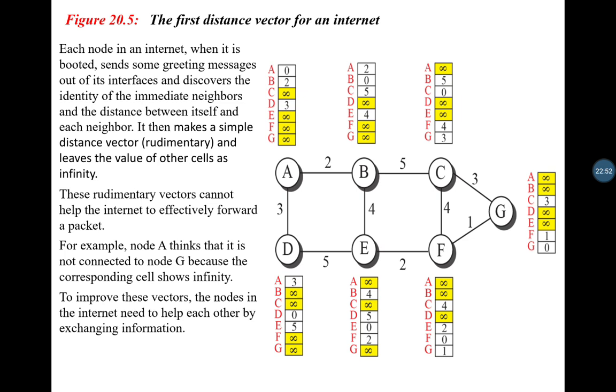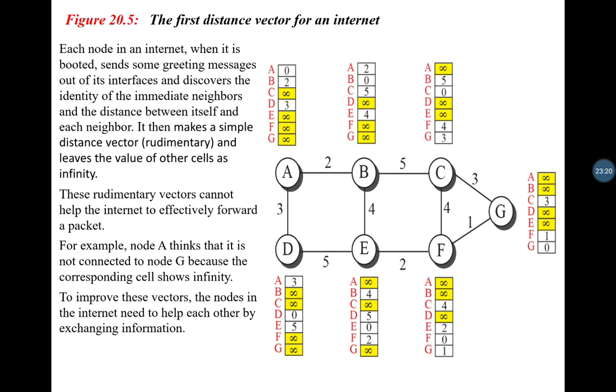So we take the help of A. When we look at A's table, we get to know that the distance from A to B is 2, and also the distance from A to D is 3. As we already know that the distance from B to A is 2, to reach D we go from A to D, which is 3.